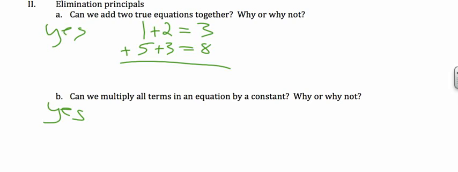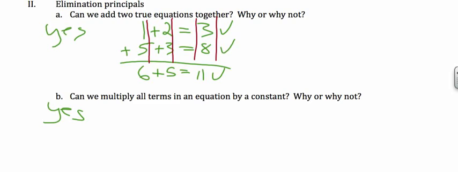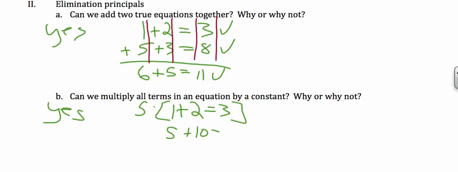Well, if I add them straight down in columns, I'd get 6 plus 5 equals 11. This was true, the bottom is still true. Same thing for the constant. I could come up with a really easy illustration. If I start with 1 plus 2 equals 3, and I multiply everything by 5, I get 5 plus 10 equals 15. The original was still true, the new is still true.